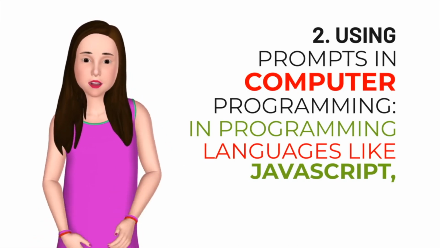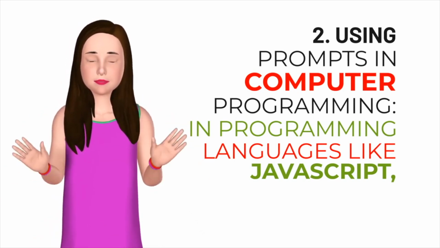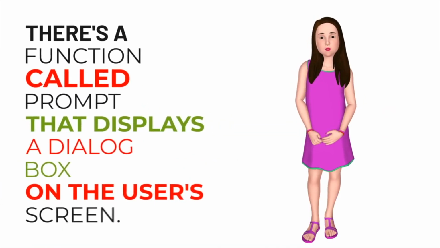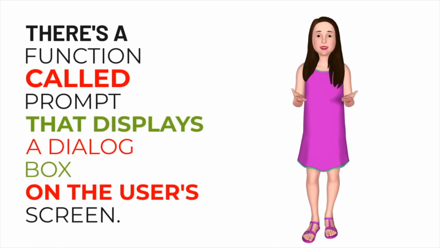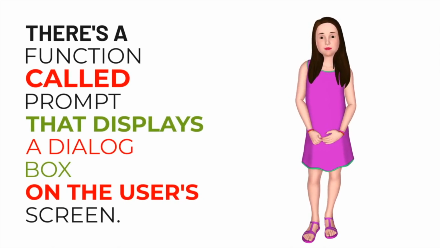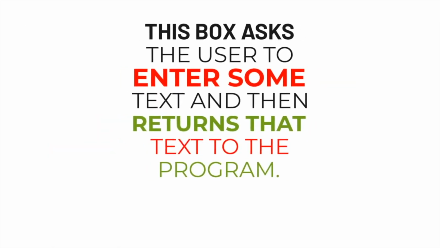In programming languages like JavaScript, there's a function called prompt that displays a dialog box on the user's screen. This box asks the user to enter some text and then returns that text to the program.